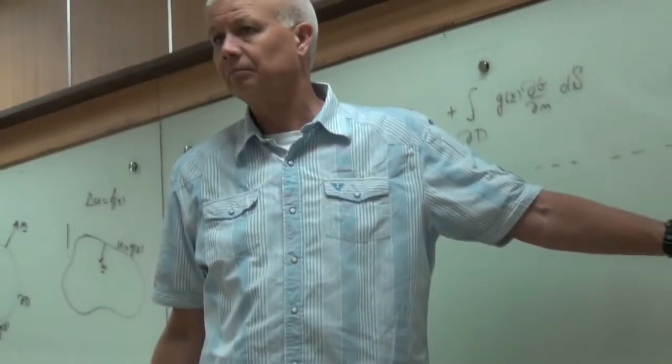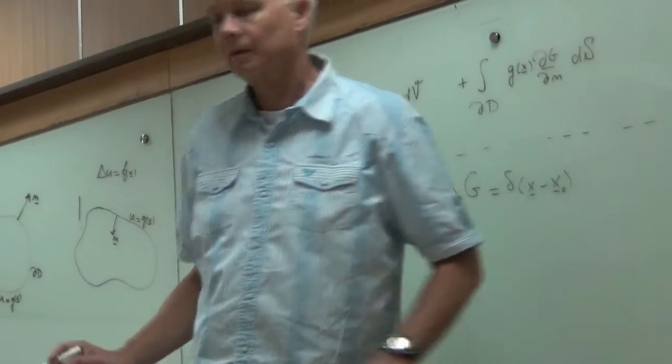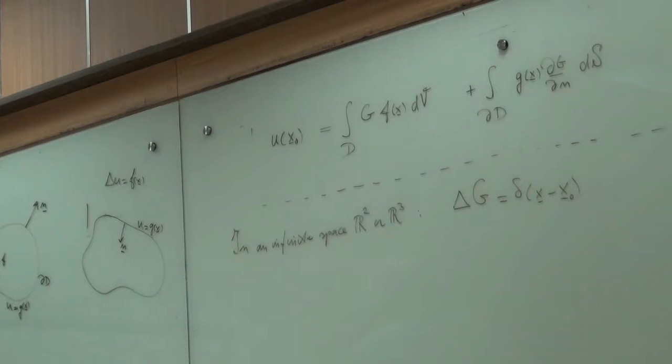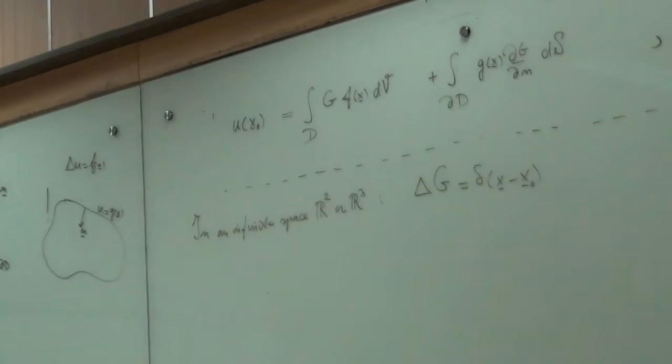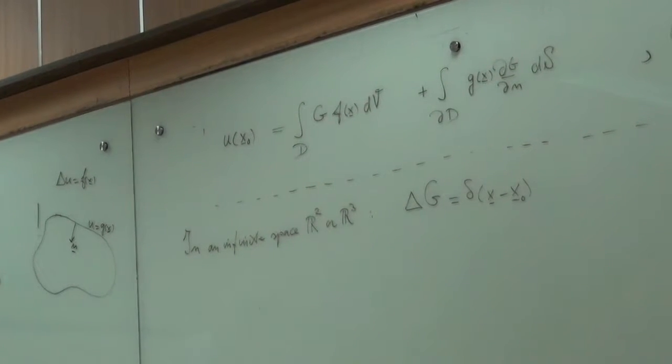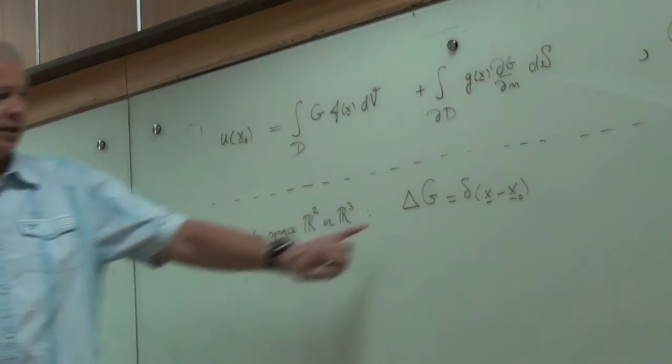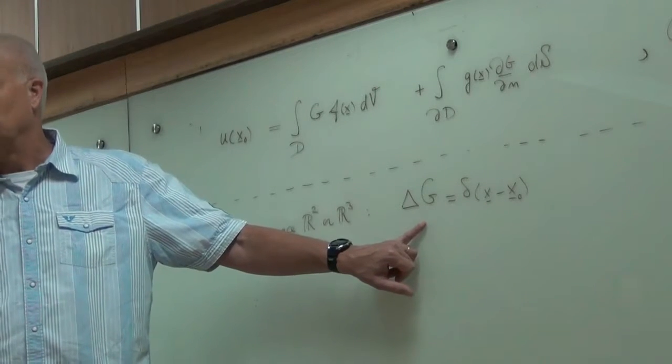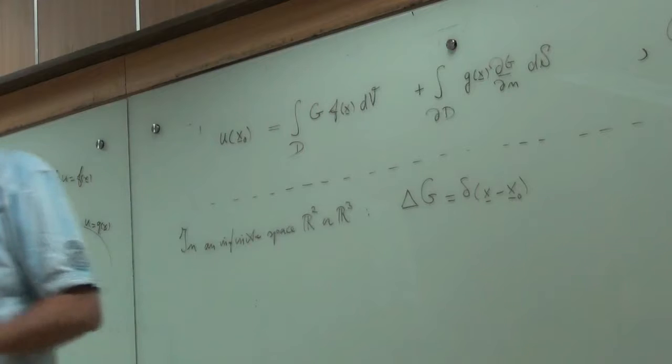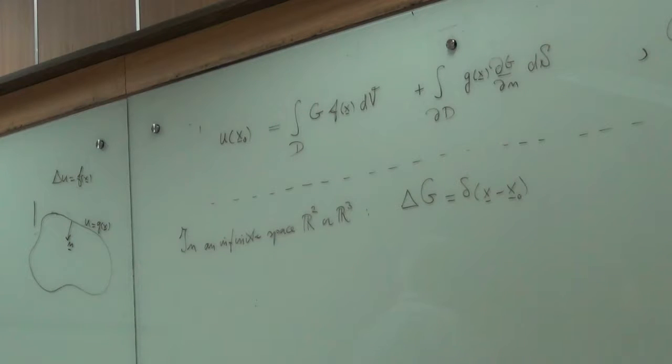What kind of solution do you expect? So if you look at the physics of the problem, I look at the stationary heat solution, for instance, and at the position x is x0, I have a continuous heat source that is radiating energy of content 1. What property does your solution have?